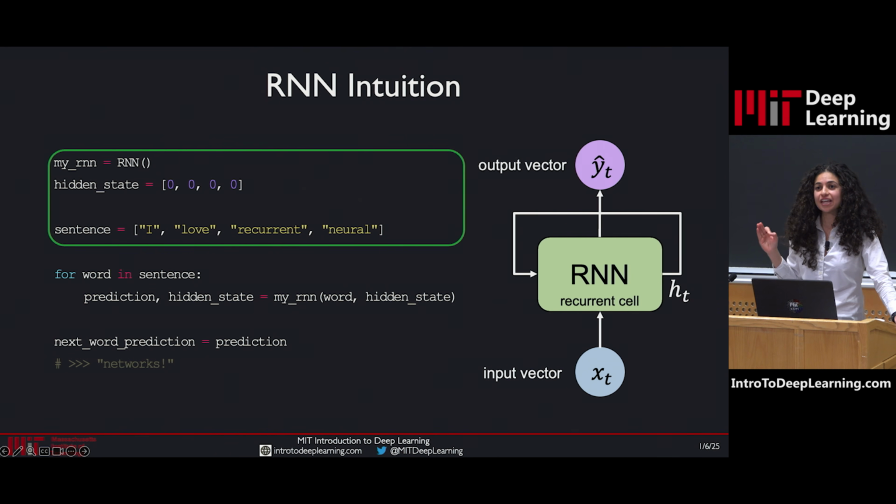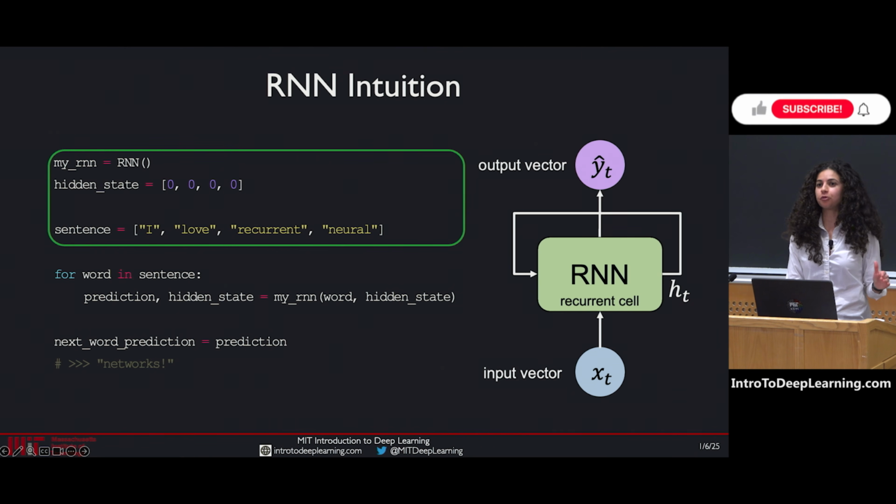And our task is to use the individual words in this sentence to predict the next word that comes next in that sequence. What we do is we loop through.